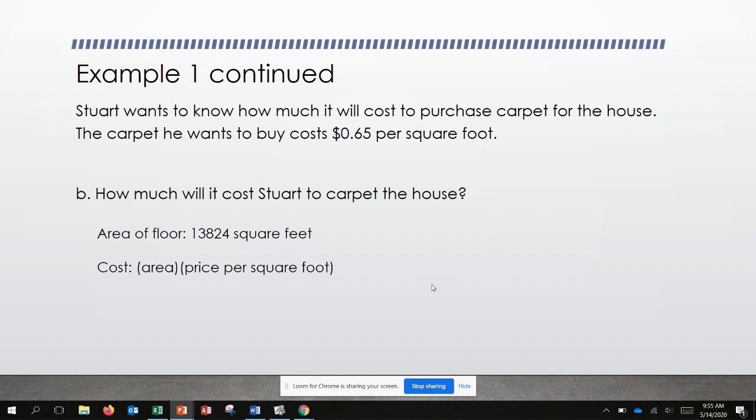So our cost is going to be the area times the price per square foot, 13,824 times 0.65, which is $8,985.60. So you can see it's very expensive to make some changes to your house if you want to carpet an entire house.